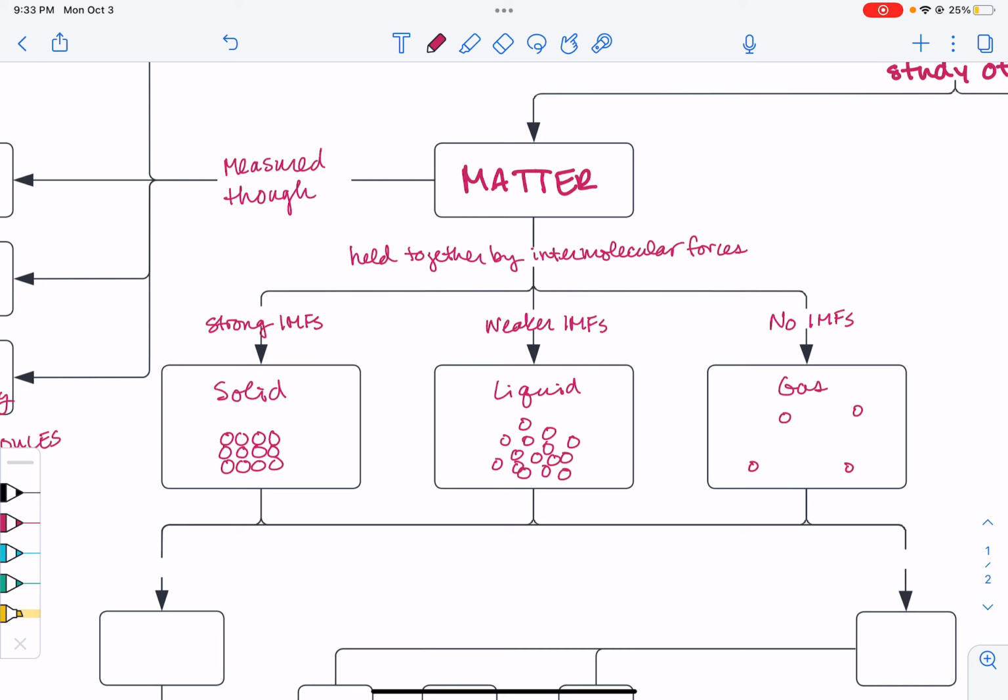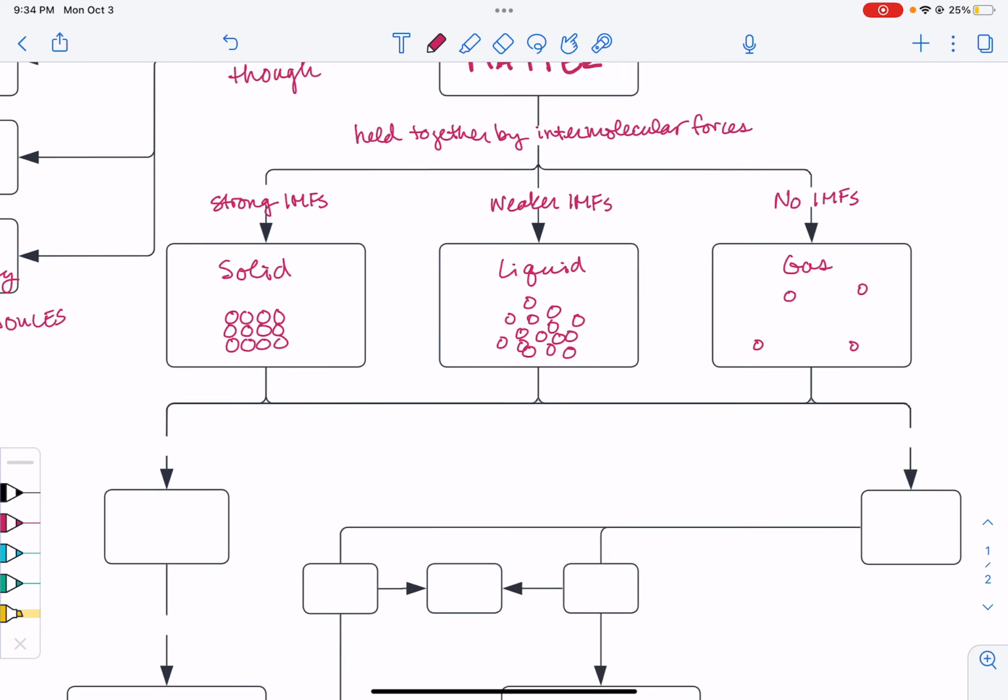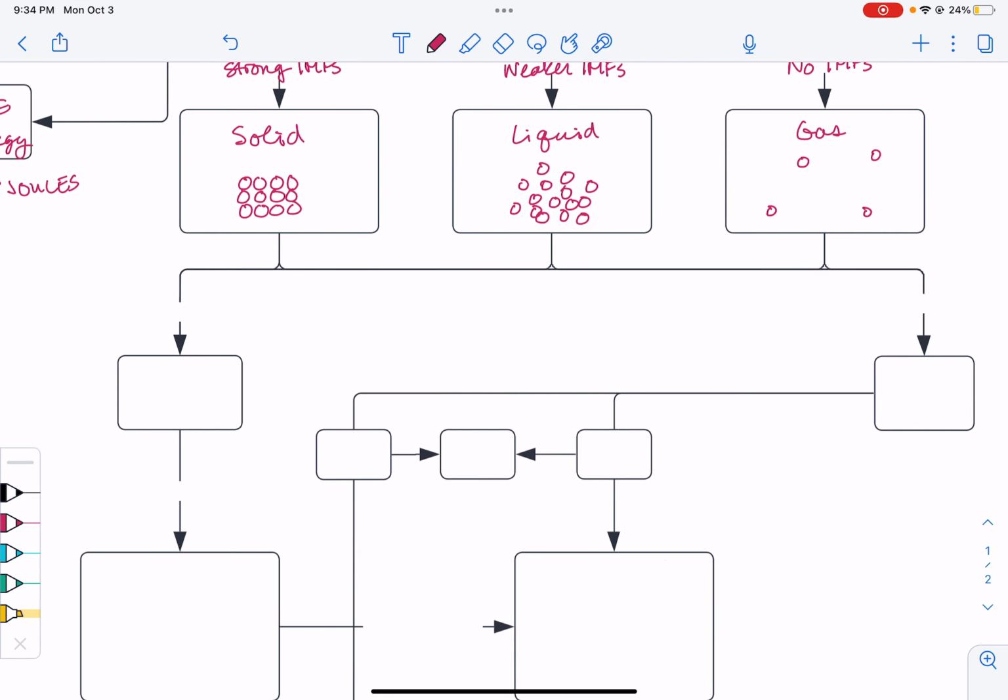Okay, so once we separate things into solid, liquid, gas, then we look at the types of particles in a particular substance. So if something has only one type of particle, we say that that is pure.